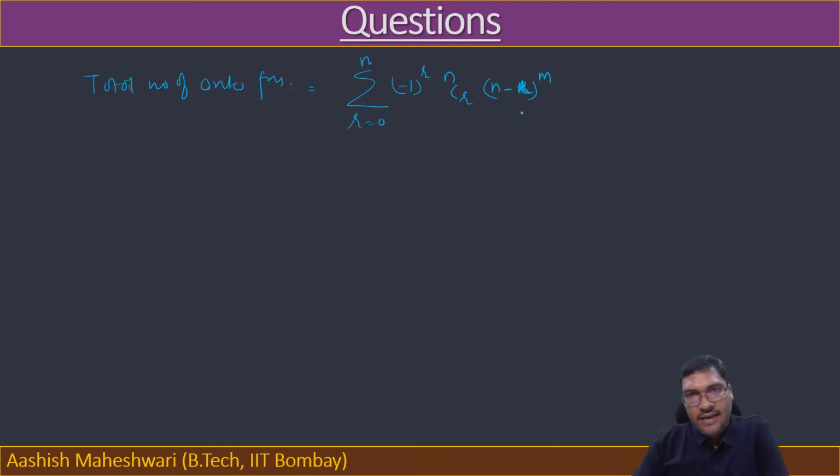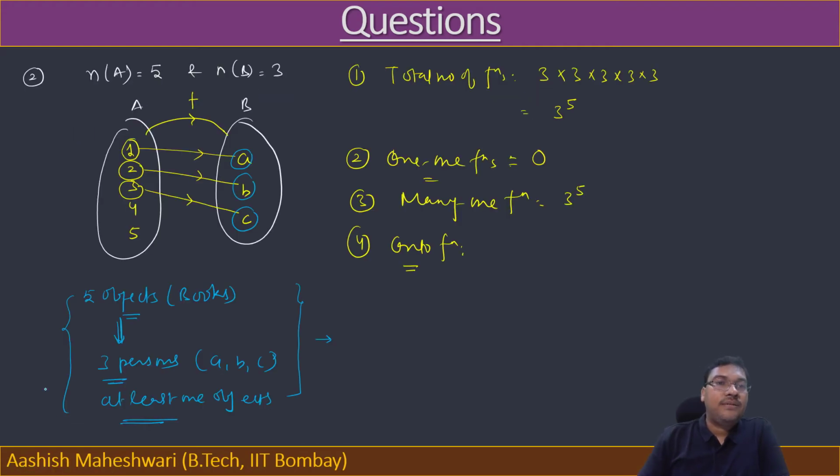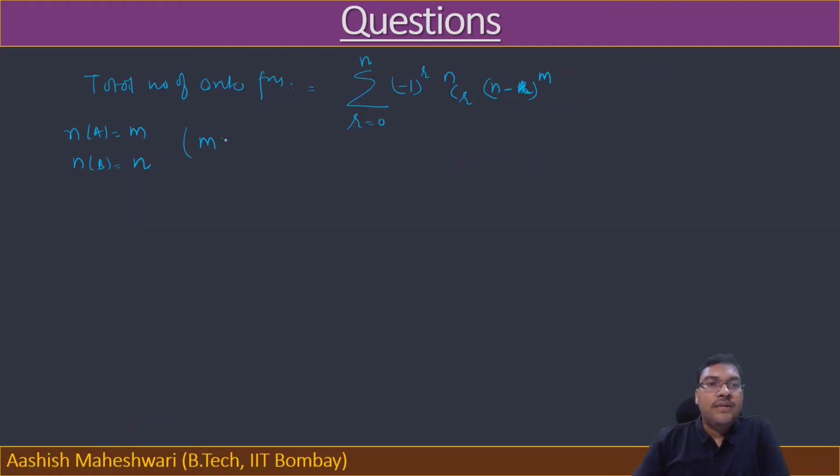Now what are n and m? The number of elements in set A is m, and the number of elements in set B is n, where m is greater than n.